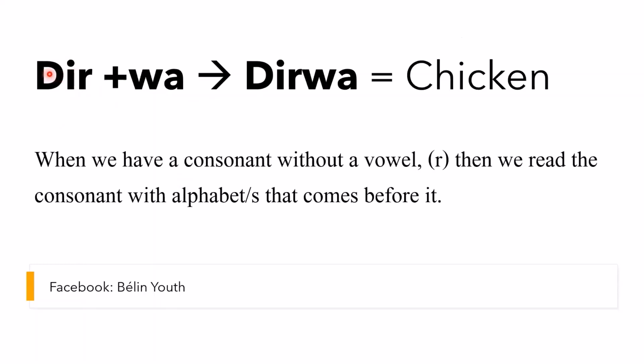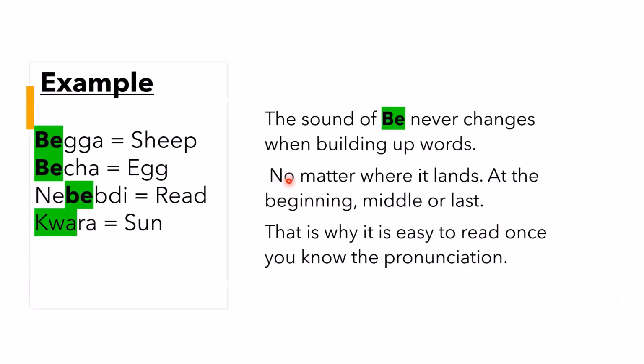So this would sound like dir instead of di. So this will sound dir-wa, dir-wa. So this is one way of reading a consonant that doesn't have a vowel.